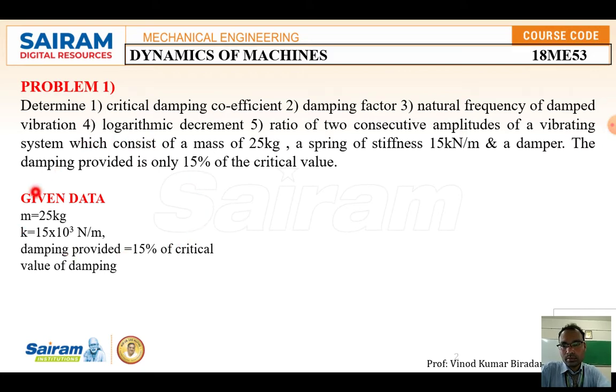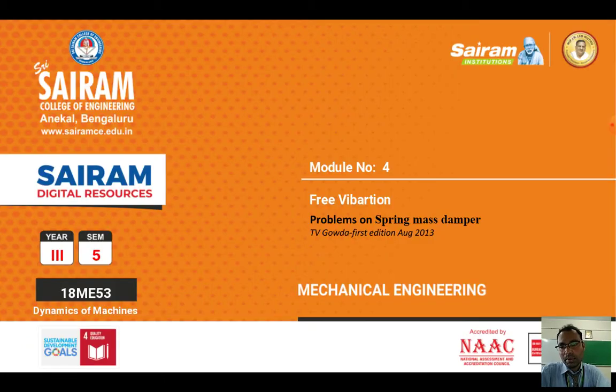So the first step is to note down the given data. Mass is given as 25 kg. Spring stiffness is denoted by k, 15 into 10 to the power of 3 newton per meter. Here it is given as 15 kilonewton per meter, so I have to convert it into newton per meter because we use SI units only. Now the damper provided, C, is 15% of the critical value, that is, C is equal to 15% of Cc.